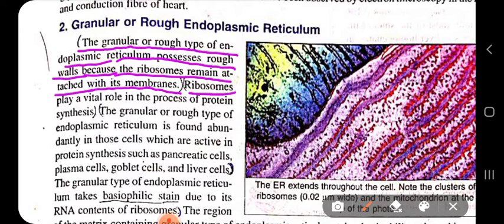Here, ribosomes play a very vital role in protein synthesis, as you have studied in your class 12 also, that ribosomes are the sites where protein synthesis occurs, using the mRNA, also called messenger RNA, as a template, a process known as translation.